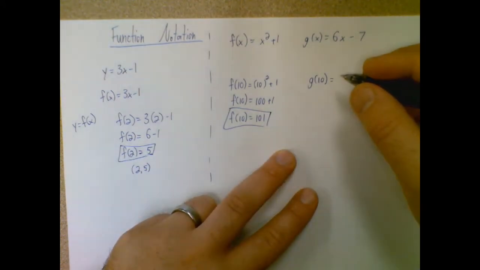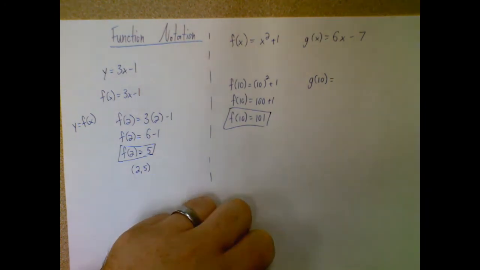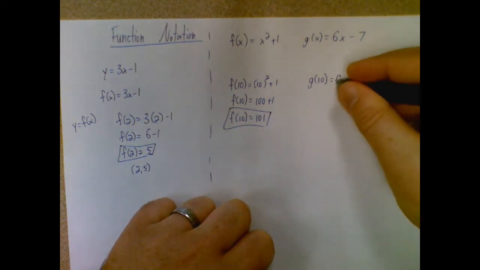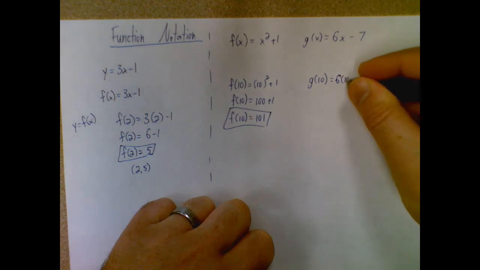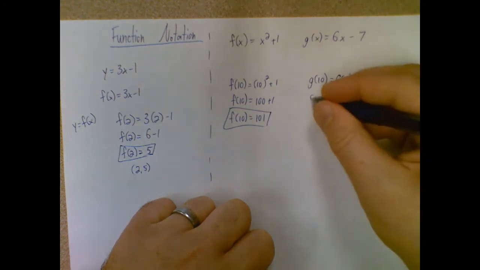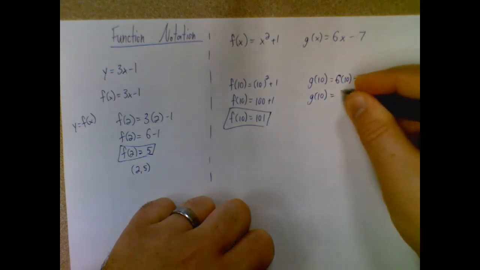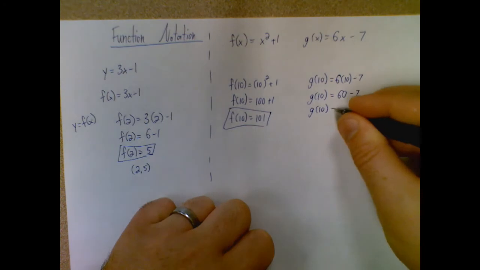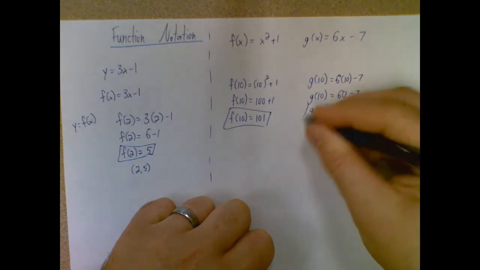If you haven't picked up on this yet, the most common mistake people make here is they think it's multiplication, which throws off your test answers and your quizzes and everything else. So you need to get over that hurdle. If you can do that, you're going to be just fine. For g, I plug in 10 for the x here. That's 60. If I subtract 60 minus 7, that's going to be 53.